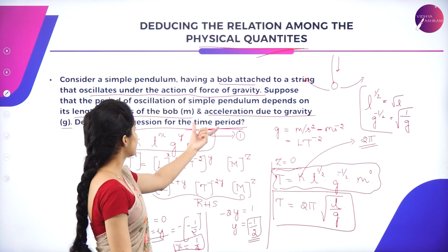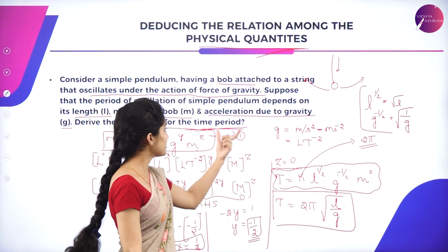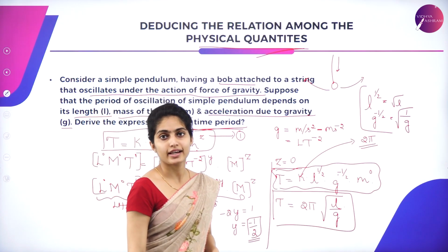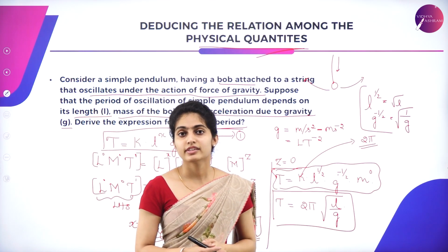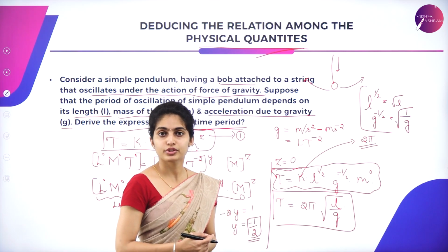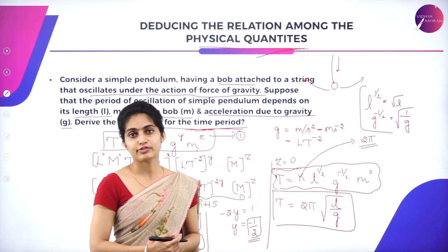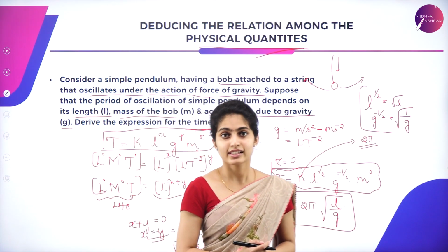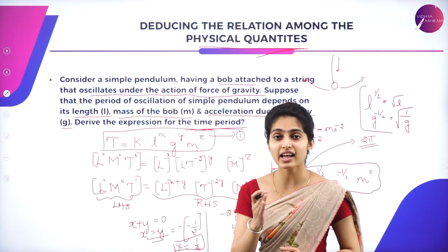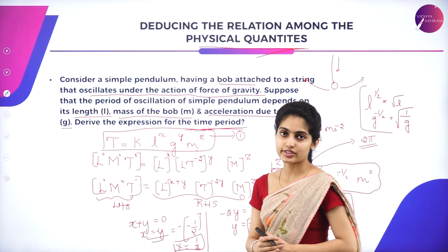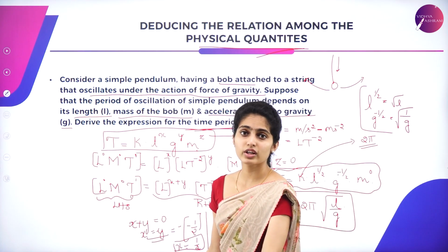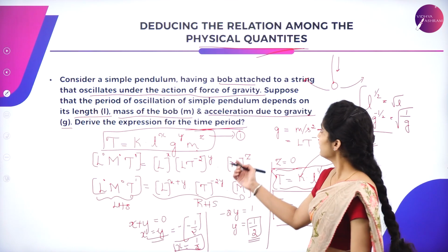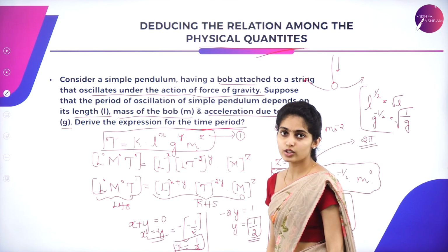That is the expression for the time period. This method can be used in order to check the relation of independent physical quantities, but it can't give the exact relationship between the physical quantities. This is all about deducing the relations among the physical quantities.